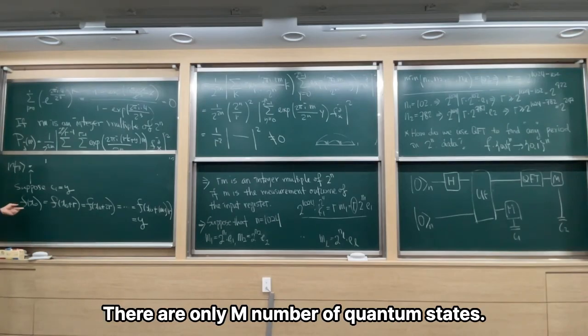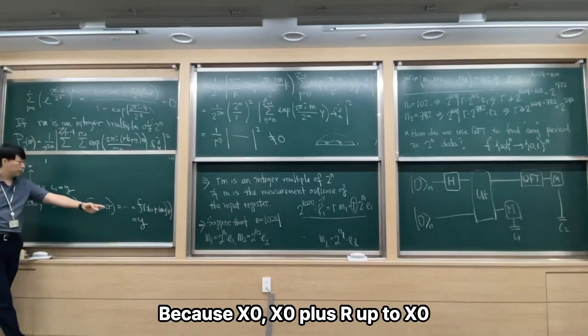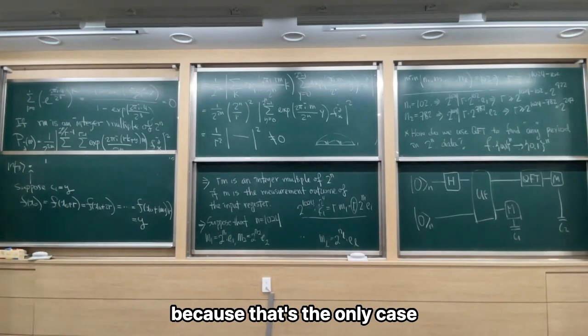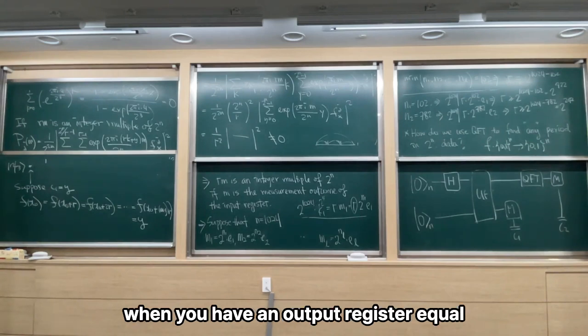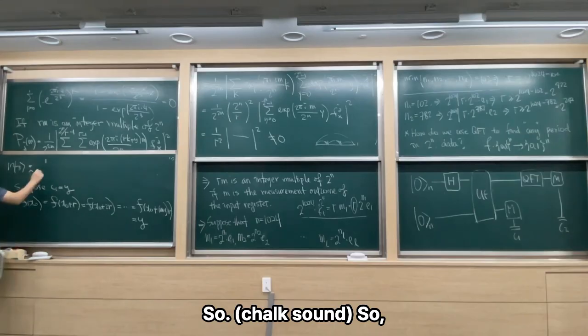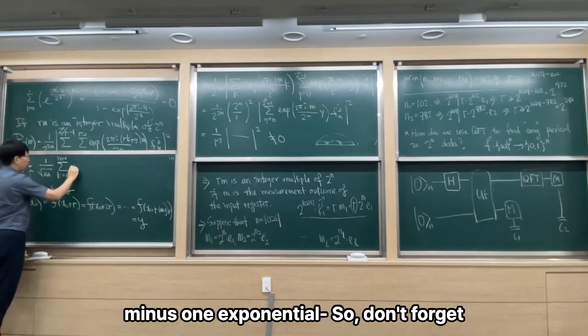There are only m quantum states, because x0 plus r up to x0 plus (m minus 1)r are the only quantum states that survive. That's the only case when the output register equals, before the measurement, ket y, right? So let's take k from 0 to m minus 1.